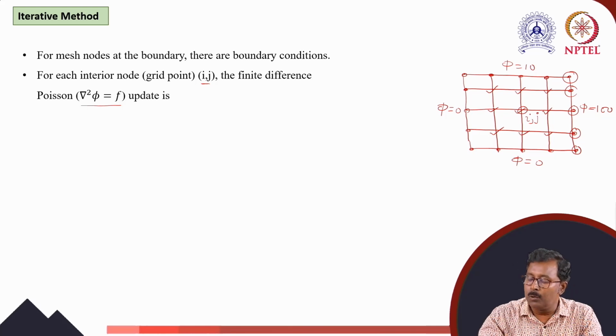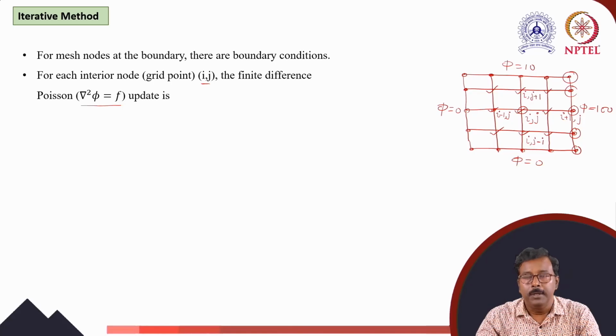Obviously this node will be i minus 1 comma j. This node will be i plus 1 comma j. Similarly, along the y direction, this node will be i comma j plus 1, and this node will be i comma j minus 1. In this way, we will be proceeding.